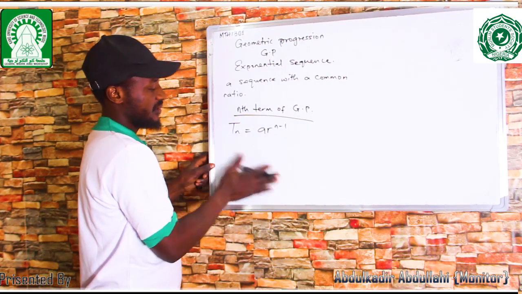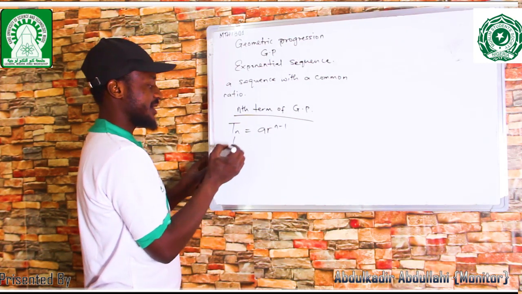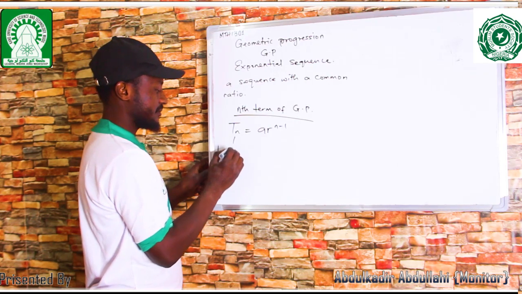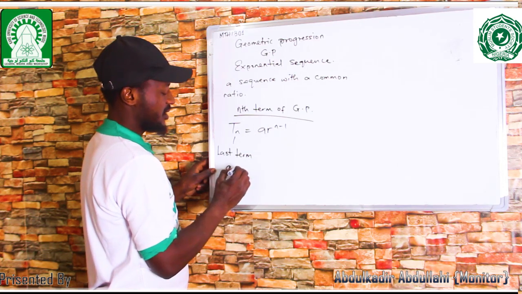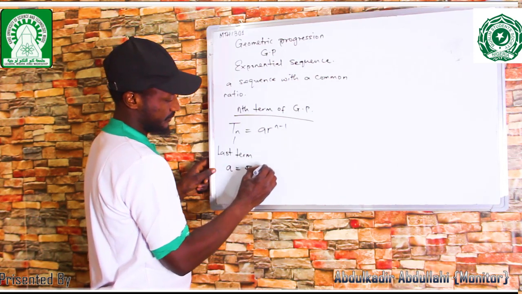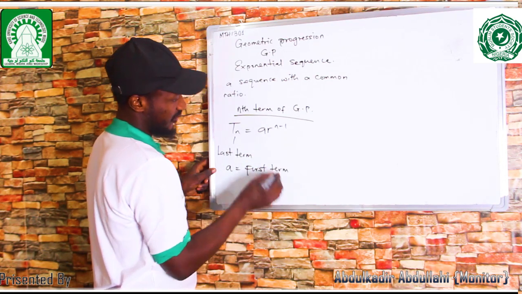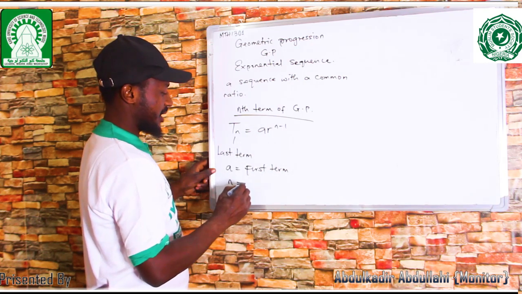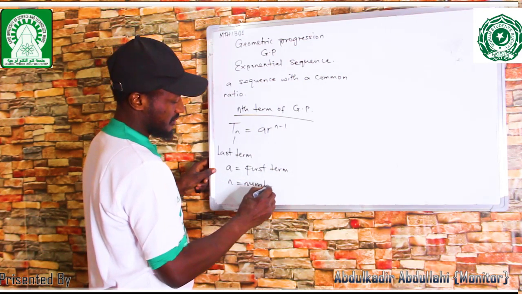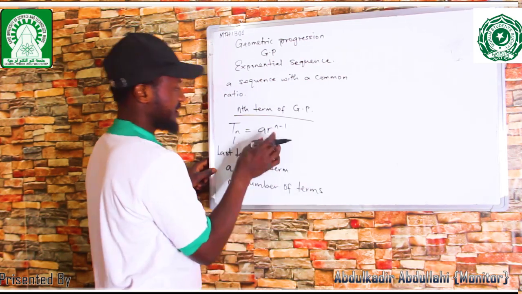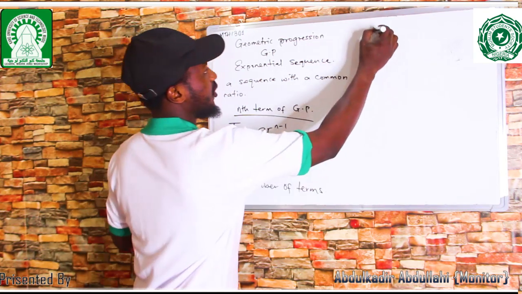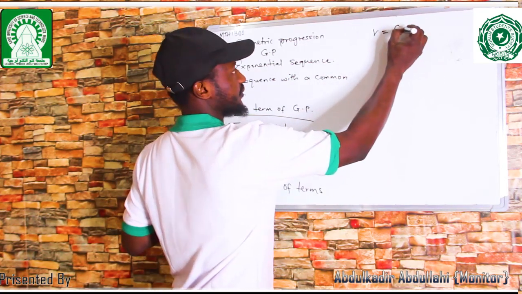This is the formula for the nth term, where Tn is what we call the last term. A here, as usual, is the first term, while n is the number of terms, and the last one, r, is called the common ratio.